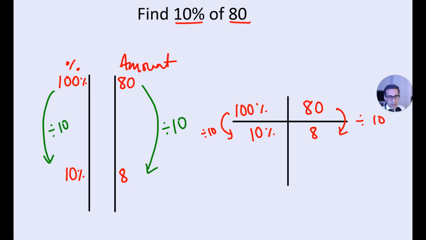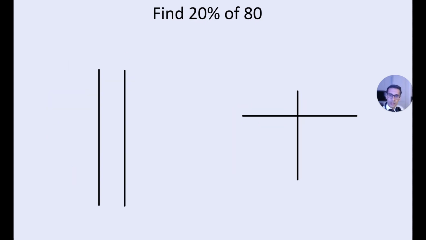We're going to gradually build up the complexity throughout this exercise and the next one. So 20% of 80. Now, let's do this in two different ways. So we're going to use a double number line and the table, but within that, we're also going to try a different method for each. So first thing we want to do is label 100% and the amount is 80.